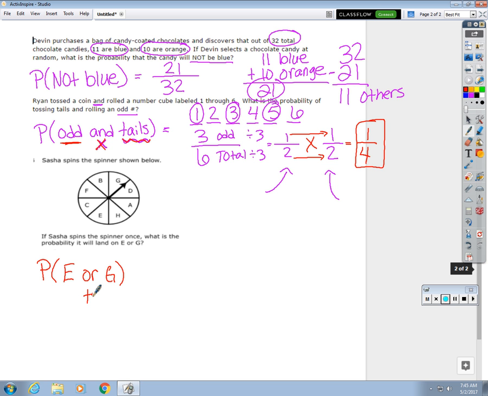So we need to first look at how many E's and G's there are on the spinner. We have an E right here, and we have a G right here. So how many E's and G's are there all together? There are 2. Okay, so favorable over the total, we have 1, 2, 3, 4, 5, 6, 7, 8 different spaces that we could land on.